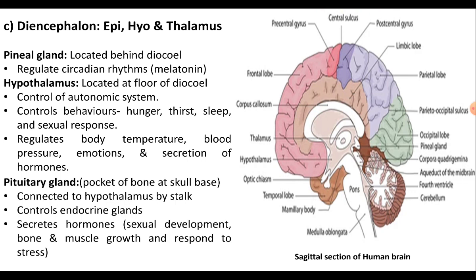This hypothalamus is also found attached to the pituitary gland by a stalk called the pituitary stalk, and the pituitary gland is found in a small pocket of bone at the base of the skull, where it is known as the master gland of the body, where it controls the endocrine glands.